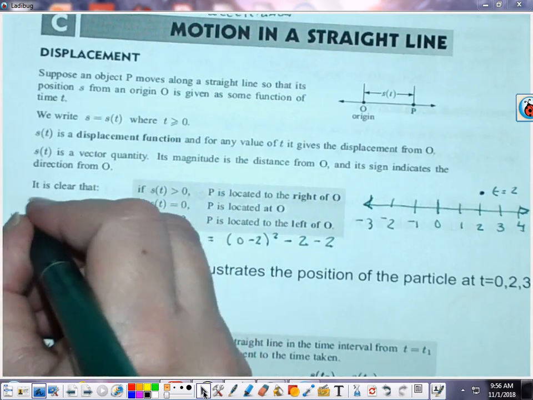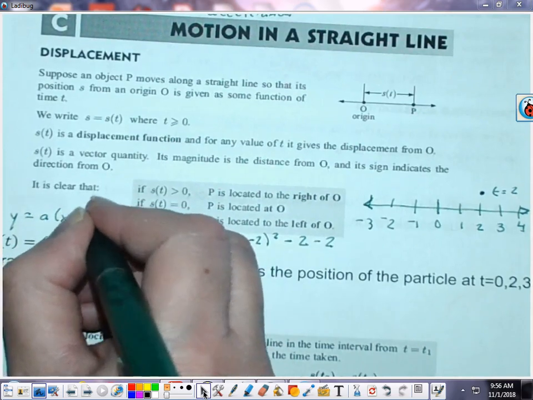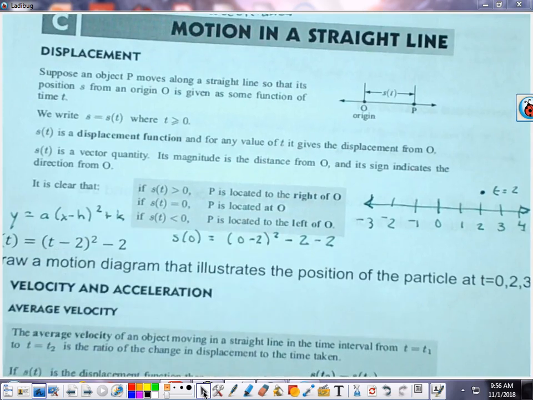So if you think about vertex form of a parabola, the h comma k is... 2, negative 2. Yes, 2, negative 2, because it's h comma k and the minus is already included. So we usually think of it as being the opposite of what you see here. Remember that this would move right 2 and down 2.